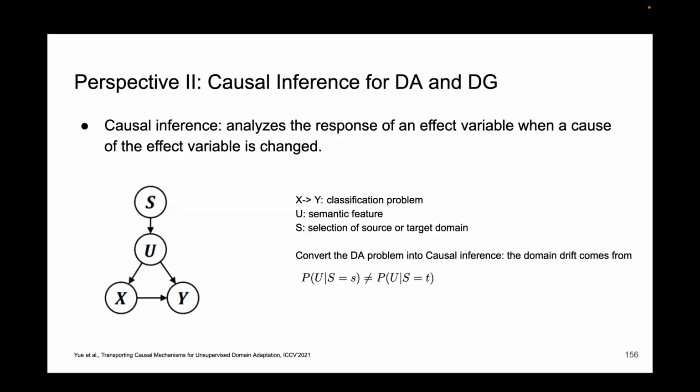For perspective direction 2, we see that gradually, not only from the canonical understanding of visual embeddings or visual scenes, there is another way, which is leveraging causal analysis or causal inference to help with domain adaptation and domain generalization. Causal inference is defined as analyzing the response of an effect variable when the cause of the effect variable is changed.